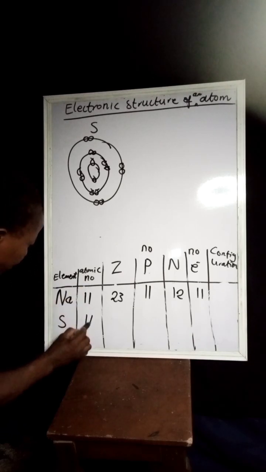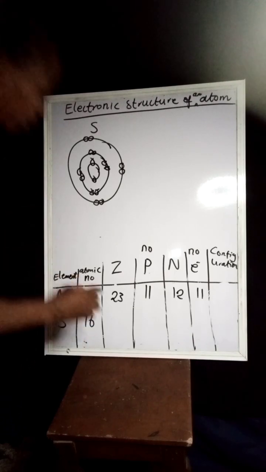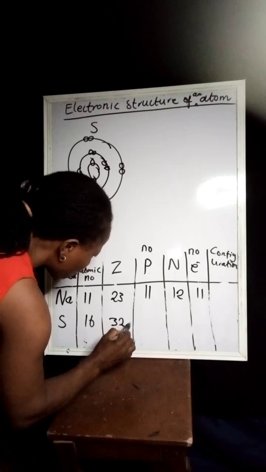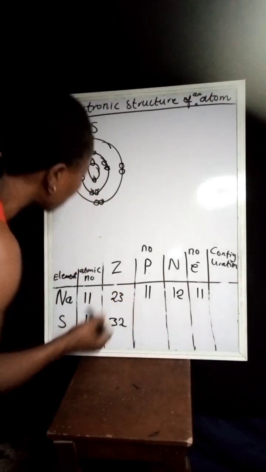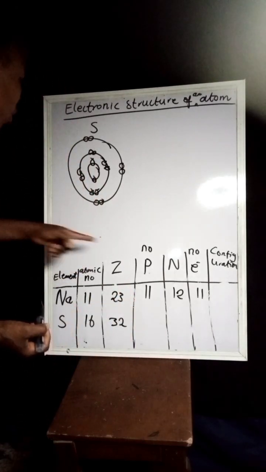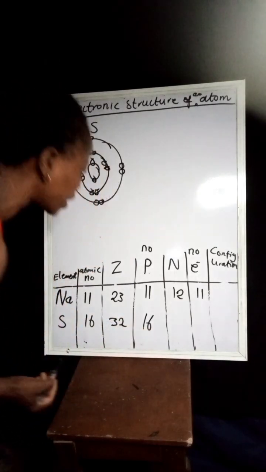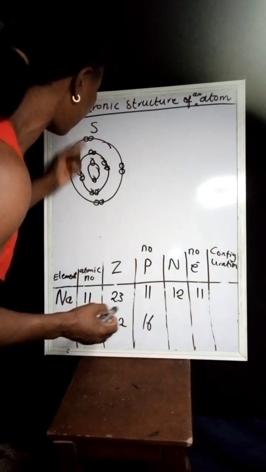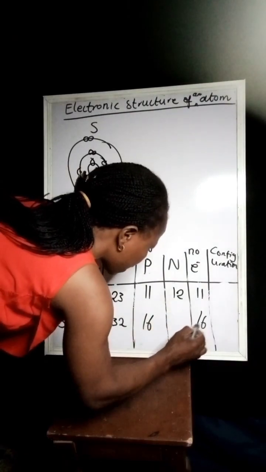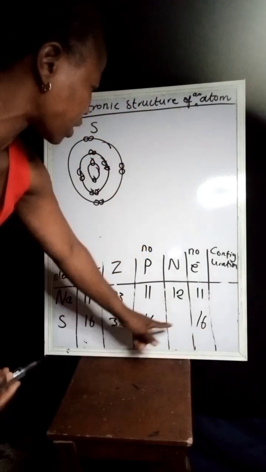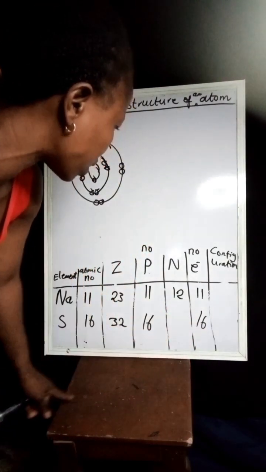Atomic number is 16. The mass number is 32. Then the proton number, since the atomic number is 16, the proton number is the same as the atomic number, which is 16. The number of electrons there is what? 16.